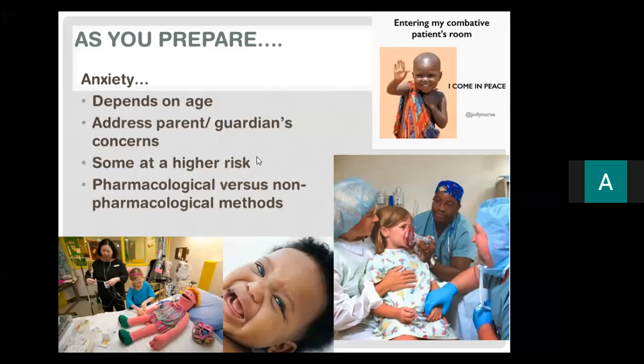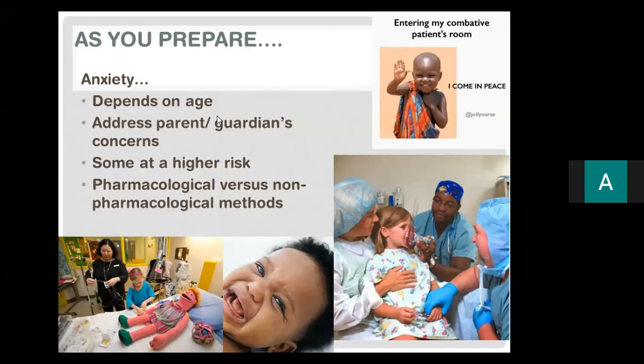So in younger children, less than 6 months, they usually do not know what is happening. Though at 4 months some would be having stranger anxiety. So depending on their age, you will use different therapies to try and help them.